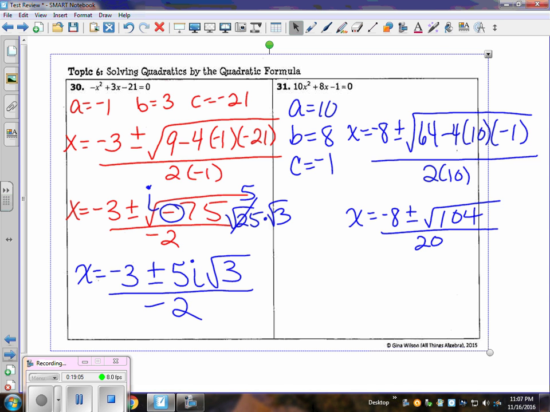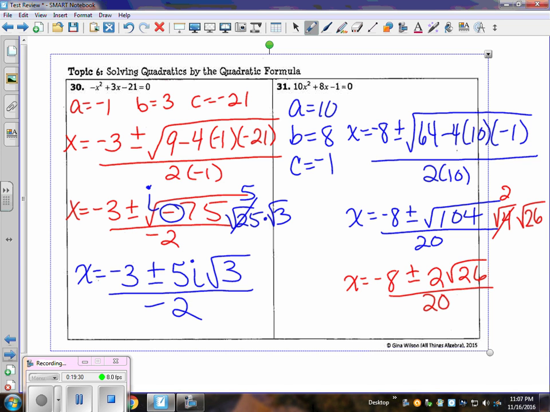Well, 104 is not perfect, but I'm going to go through my list. 100 doesn't work, 81, and so on, all the way to 4. 4 does go into it 26 times. So the square root of 4 comes out as a 2. X equals -8 plus or minus 2 root 26 all over 20.